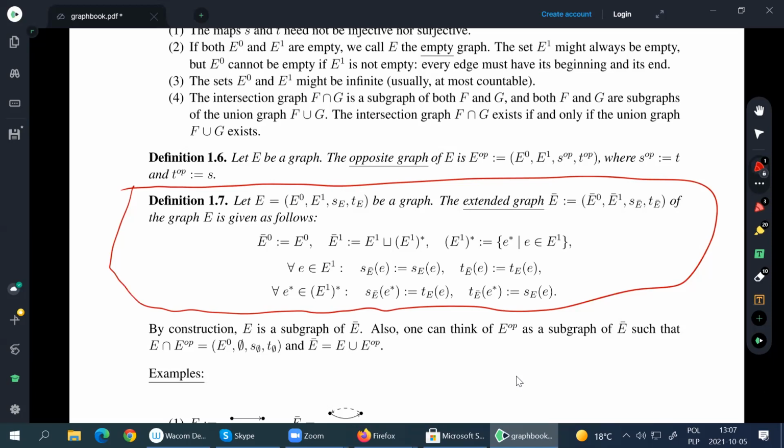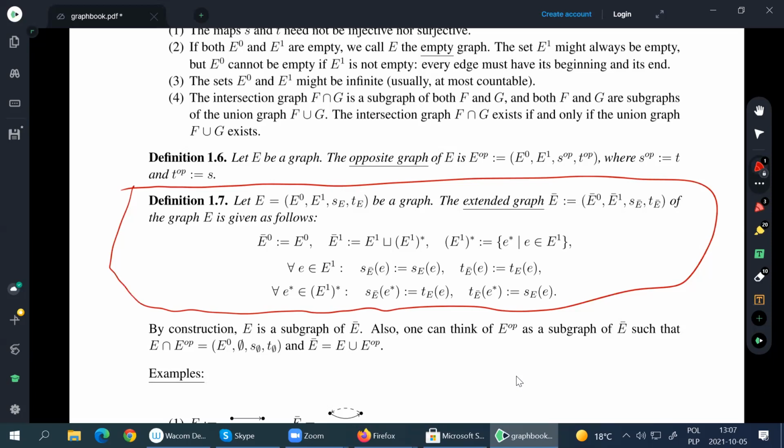So formally speaking, we construct the new graph, called the extended graph Ē of a graph E, as follows. When you look at the set of vertices, it's the same in the extended graph as in the original graph. Now, when you look at the set of edges, you take E1, and you take a second copy of E1. This is the same set, but with elements now marked with stars, okay?